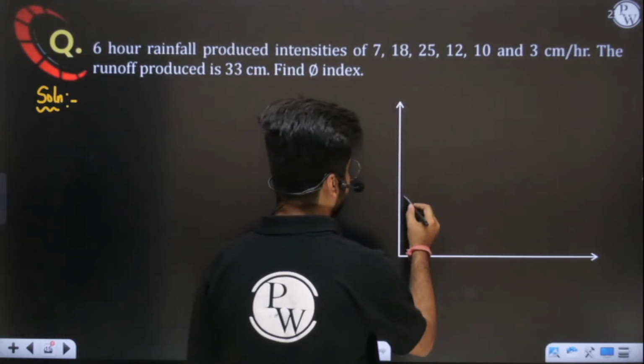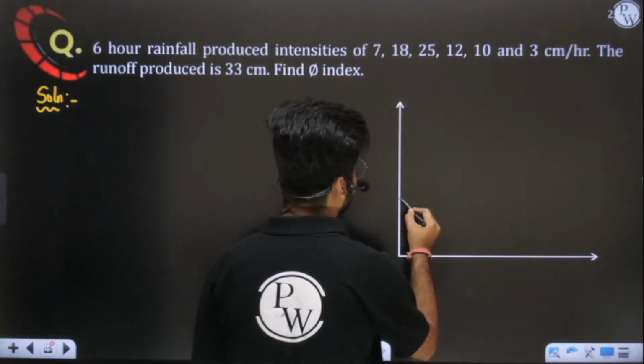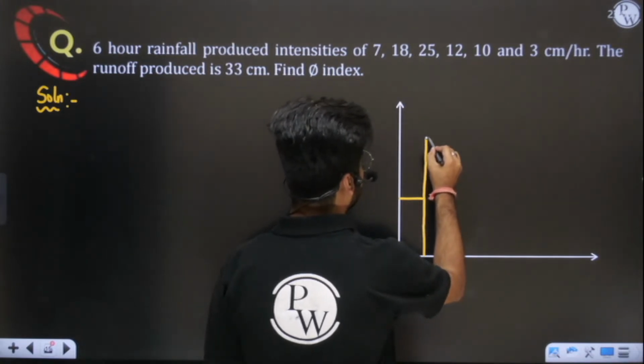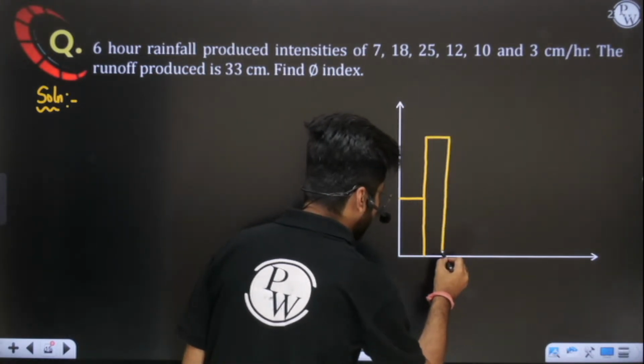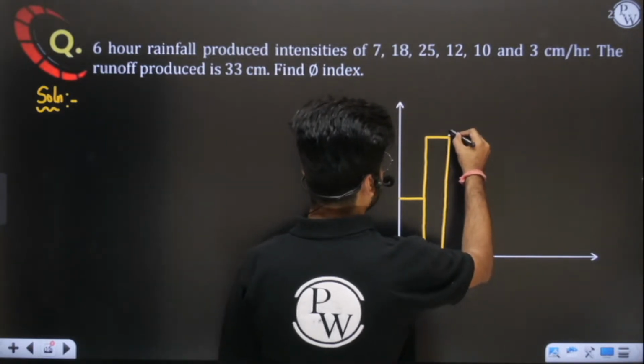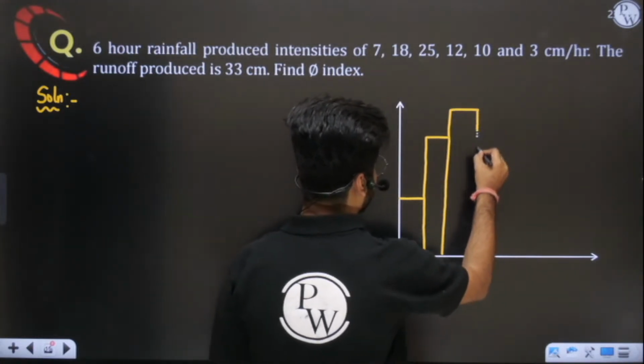So this is 7. Let us say this is 18. Then we have 25, which is even greater. Let us say this is 25 centimeter per hour.